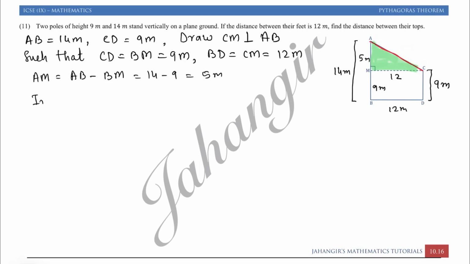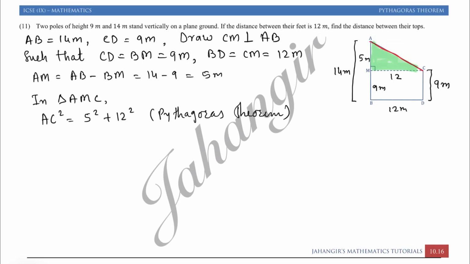Now our triangle is triangle AMC. AC square is equal to 5 square plus 12 square, Pythagoras theorem. So AC square is equal to 25 plus 144.